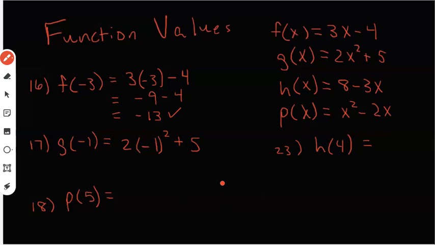Okay? So what are we going to do first, Coach? We're going to do the exponents first. Right. So -1 times a -1 gives you a +1. That's right. So I'm going to square -1 to get +1. And then I'll just go from there.